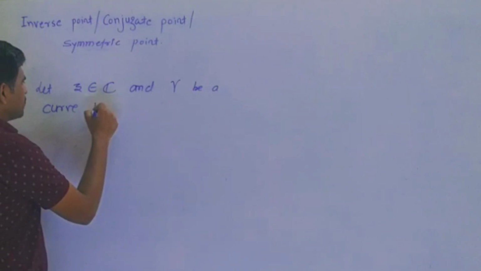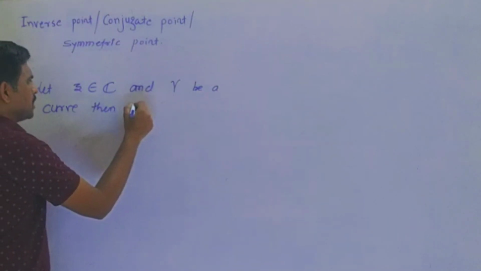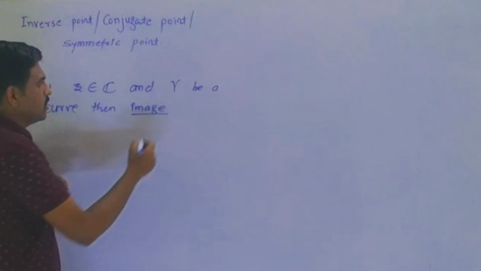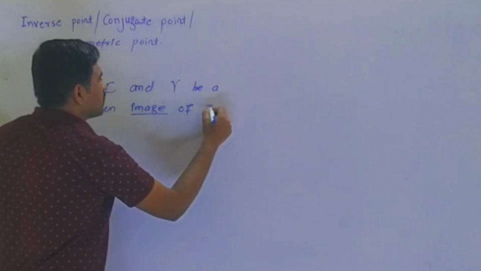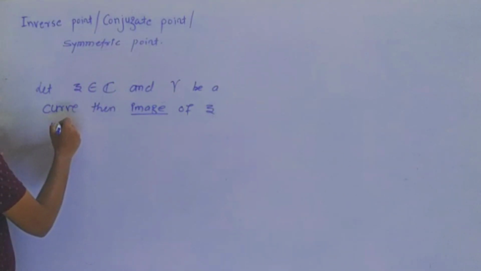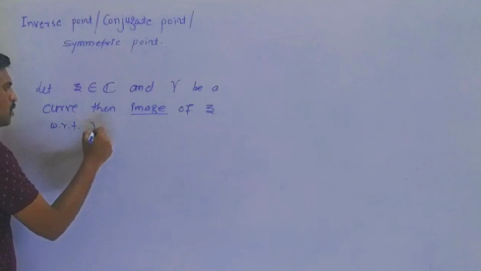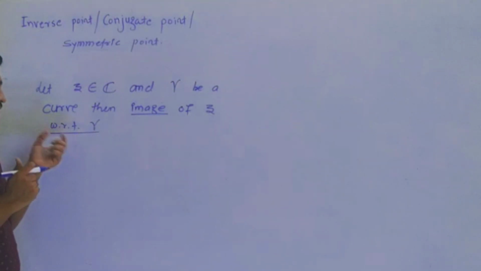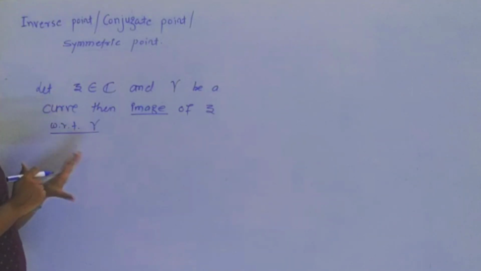And then the image of z with respect to gamma. This is the most important statement, or words, in that definition.